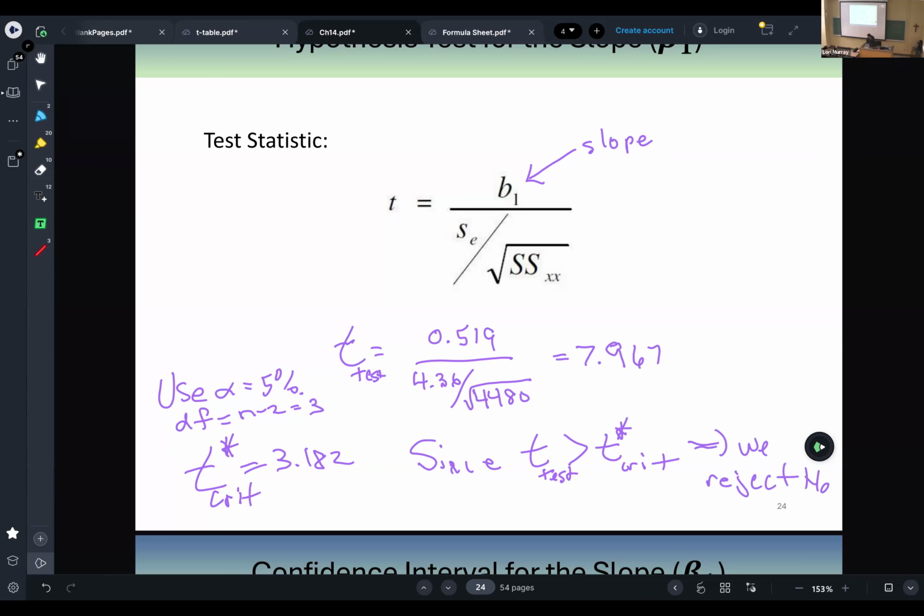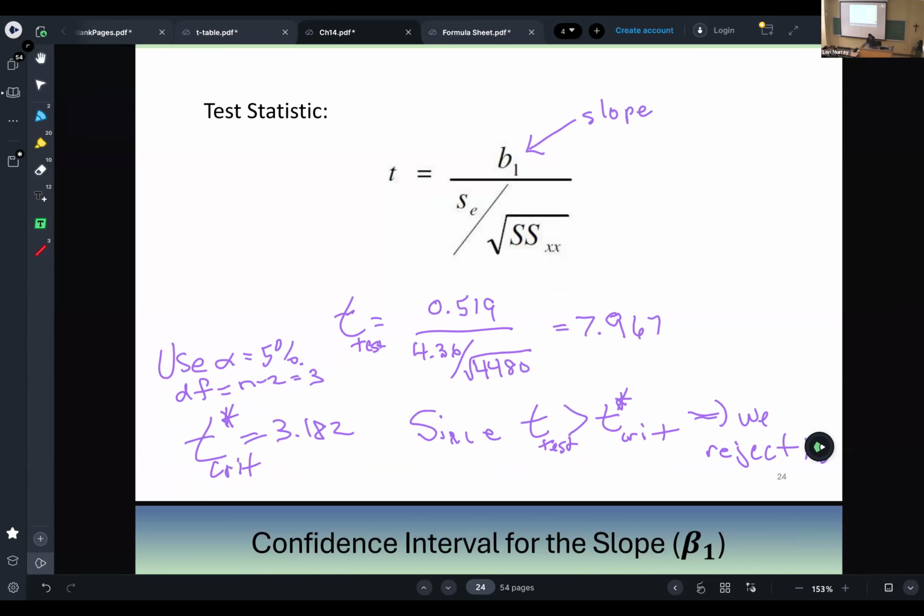And since we reject this, that means that 0 is not a potential value for the slope.